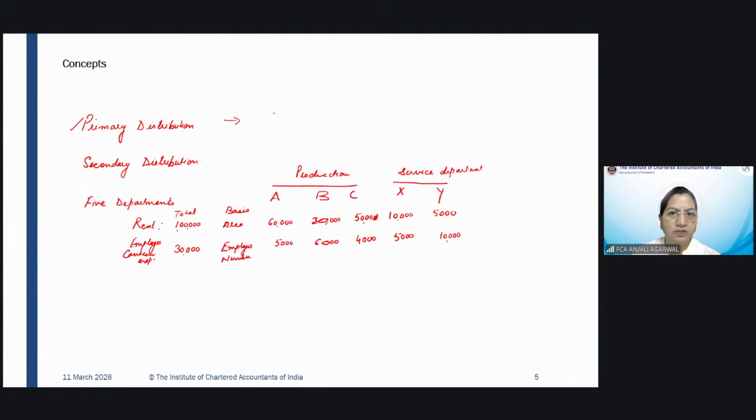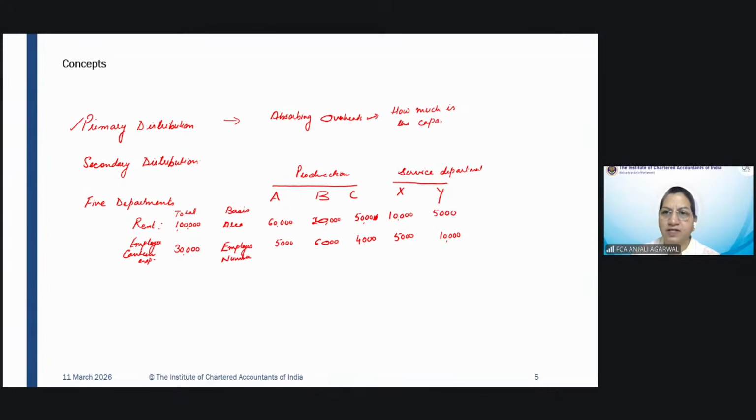Now, one of the ways of absorbing or tracing or charging the overheads back to the products also depends on the capacity of each department to bear them.